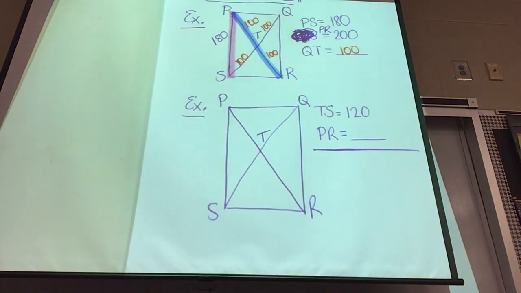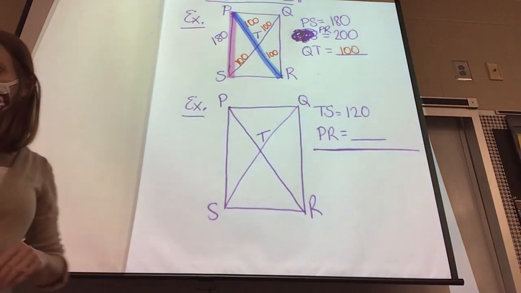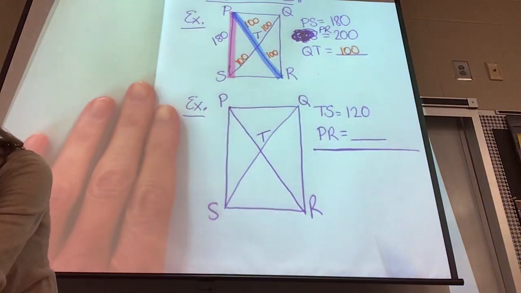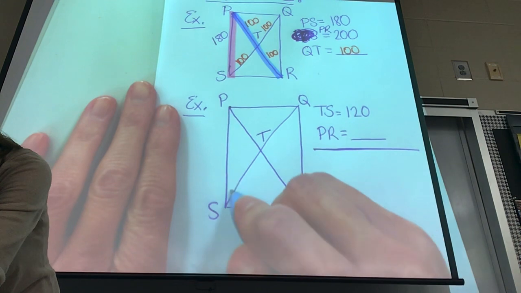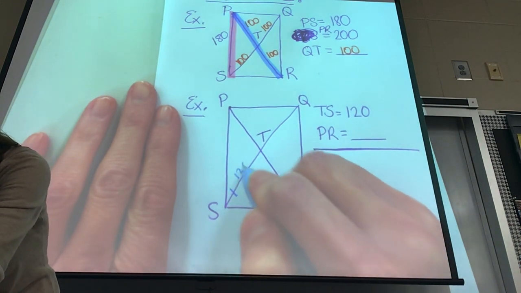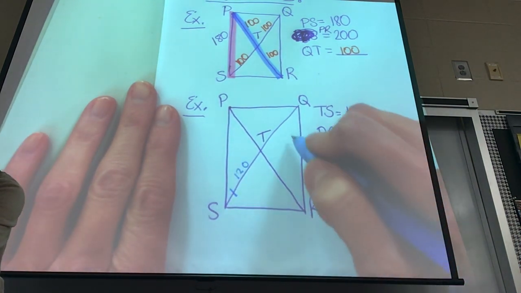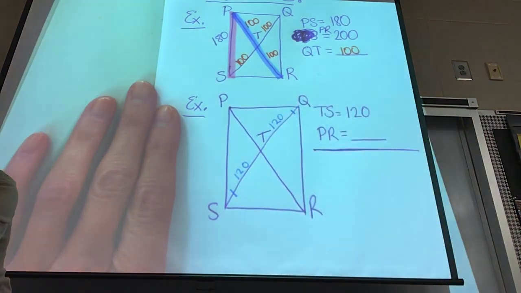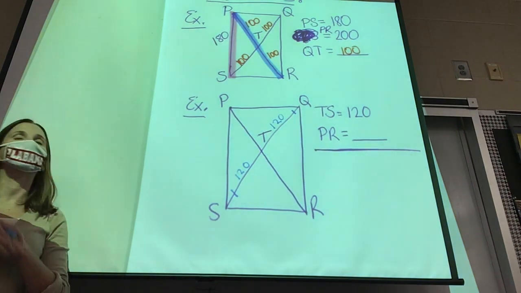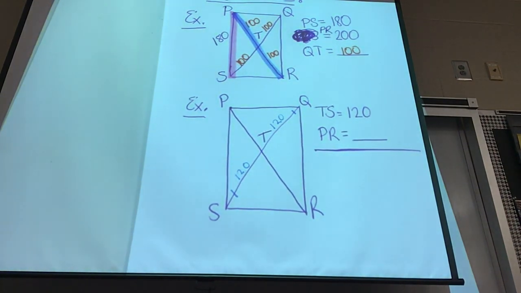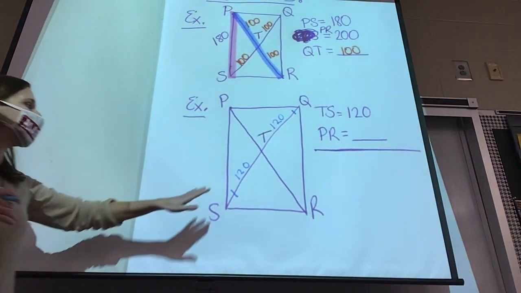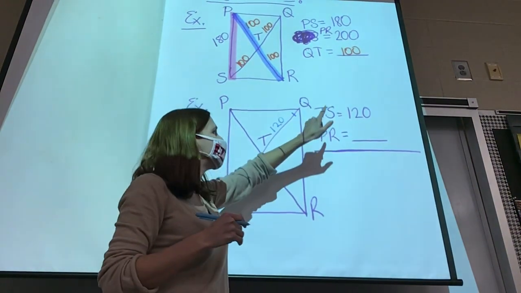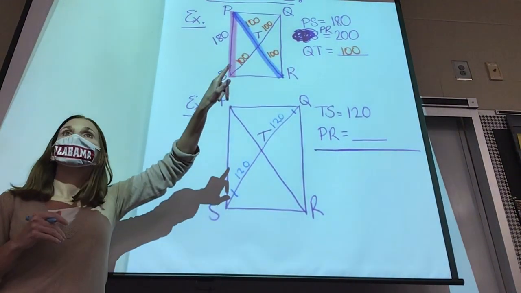That means TQ is also 120. Okay, so I know that if TS right here is 120, I know that TQ is also 120, which makes that entire line what? 240. So the entire line is 240 because I add this plus this and it gives me the entire line.